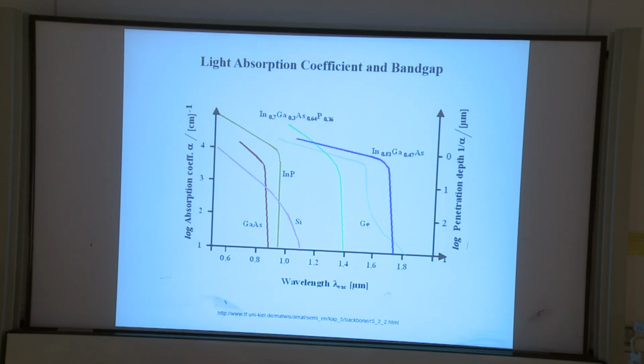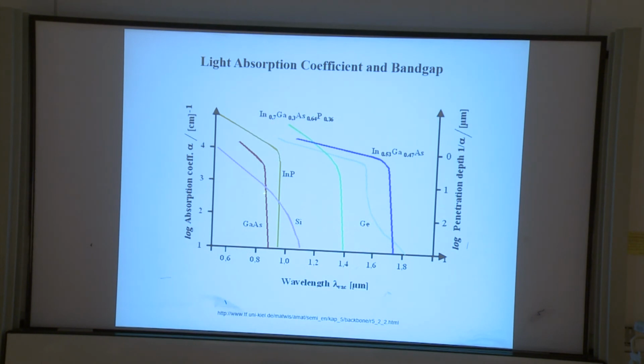Yellow. Yellow one, because it has a lower energy. Yes or no? Okay, let's do a survey.